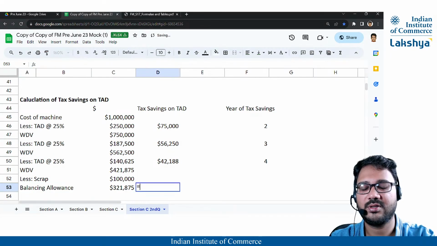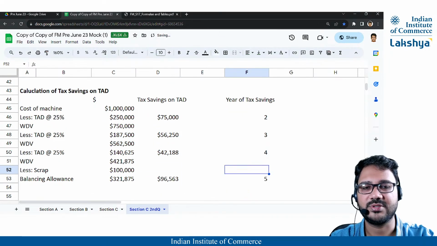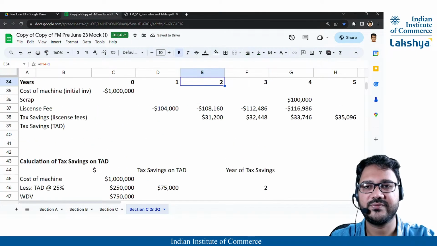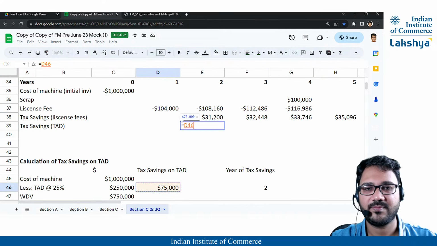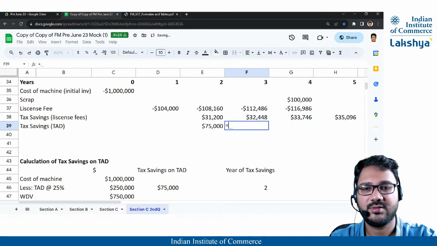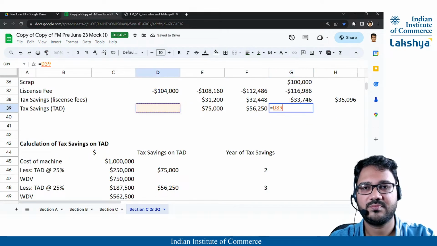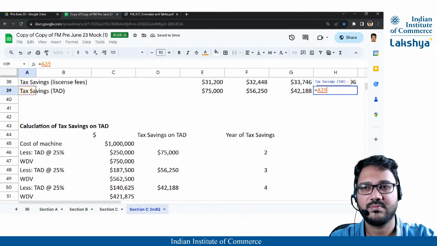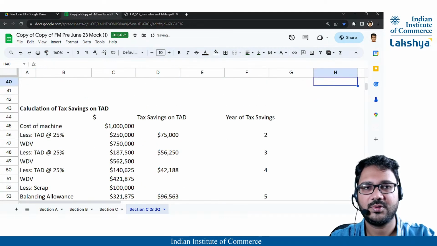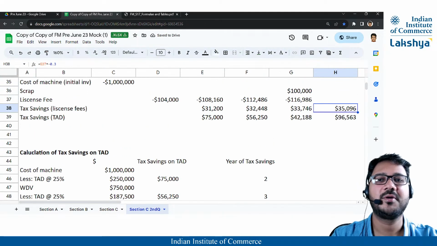Okay, and on that you will get a tax allowable depreciation, which will reflect in year 5. Okay, these are tax savings, so these will be positive.